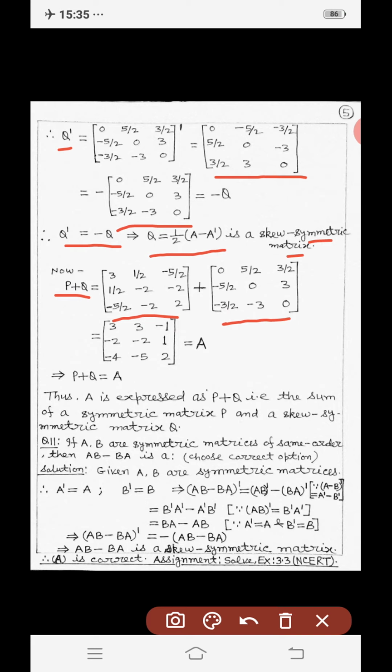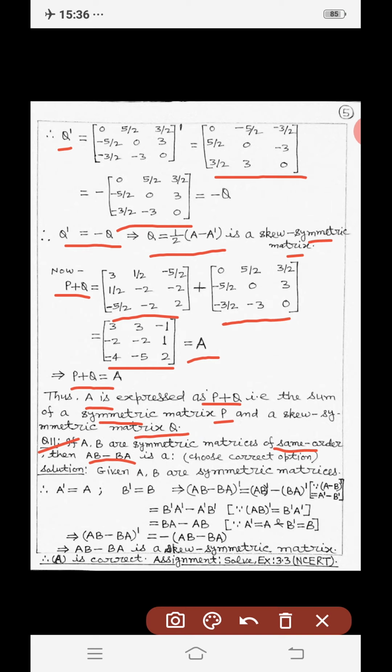Adding the corresponding elements of the above matrices we get [3, 3, minus 1; minus 2, minus 2, 1; minus 4, minus 5, 2], and this is equal to A. Therefore we have P plus Q is equal to A. Thus A is expressed as P plus Q, that is the sum of a symmetric matrix P and a skew symmetric matrix Q.